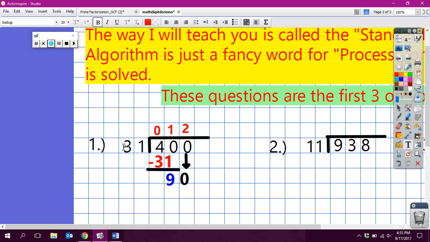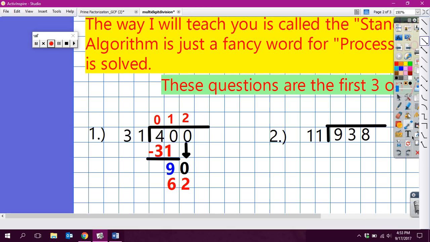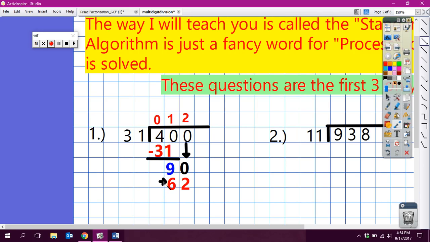But I'm not done because remember, 31 times 2, I've got to take away how much I used from this group down here. And 31 times 2 gives me 62. I took that away, and that was red because that's what I just multiplied. And that's subtraction. Oh, wrong one.